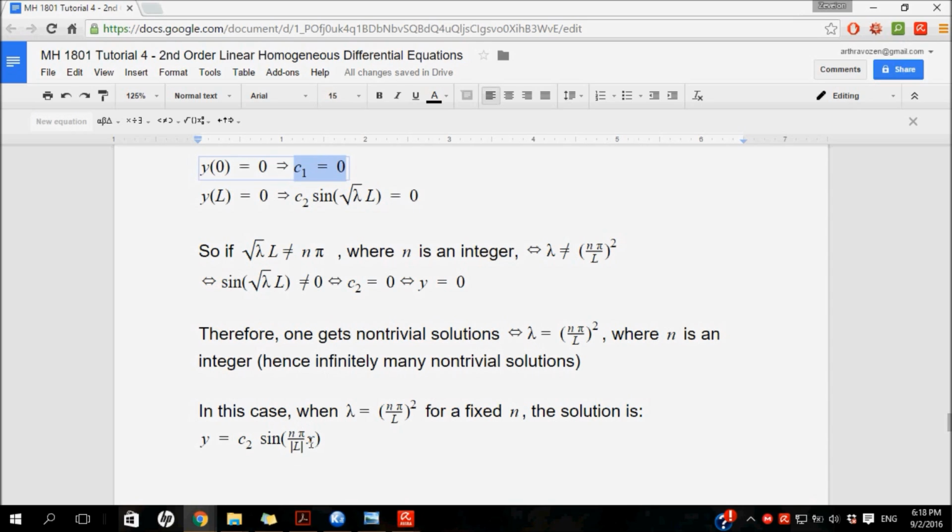Why don't we have a problem with pi? Because pi is a positive number. And also here we should be careful with n, because n is an integer, but there are also negative integers like -2, -3.